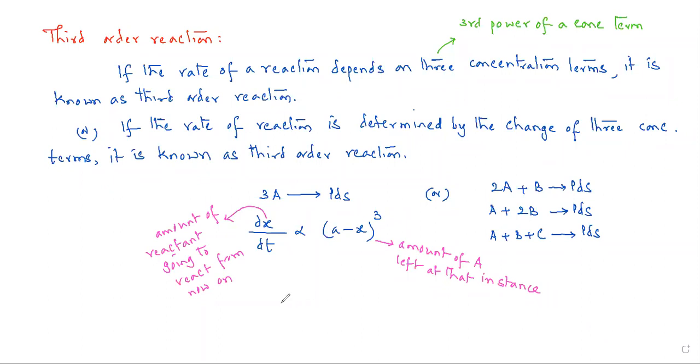Okay. Now, this can be written as dx by dt is equal to k3 into a minus x whole cube. Then dx by a minus x whole cube is equal to k3 into dt.